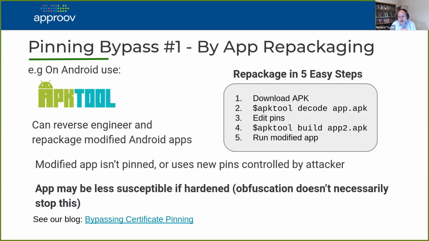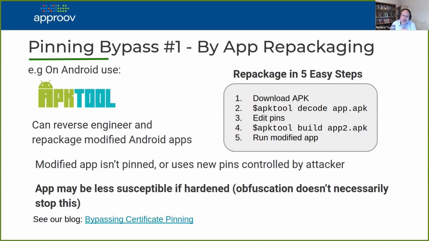The first way is that both on Android and iOS, although perhaps it's slightly easier on Android, you can repackage the app. You can download an app, and there's a tool called APK tool, but there are other tools as well, that decodes the contents of your app. You can go in and edit the pins.